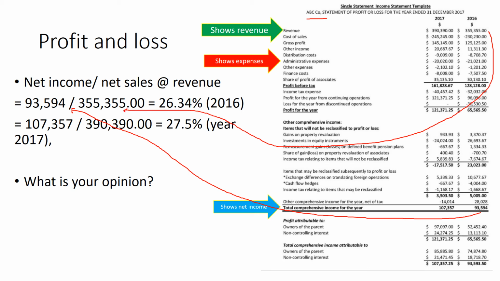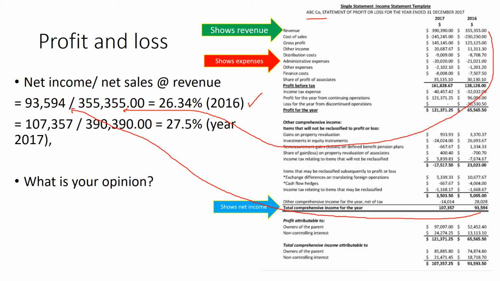If we calculate the margin, it gives 26.34% for year 2016. A very, very good margin here. It means that for each 100 ringgit, you will get back 26 ringgit. Very, very good dividend.